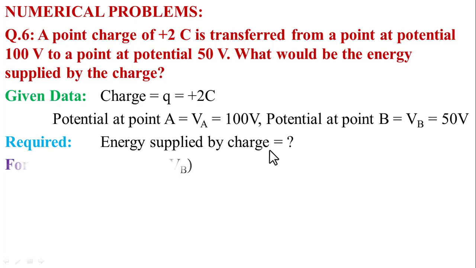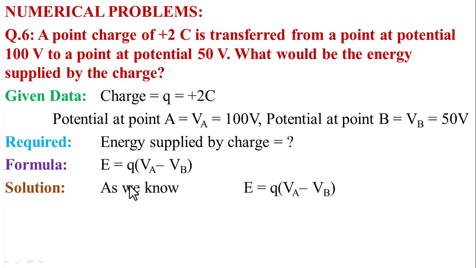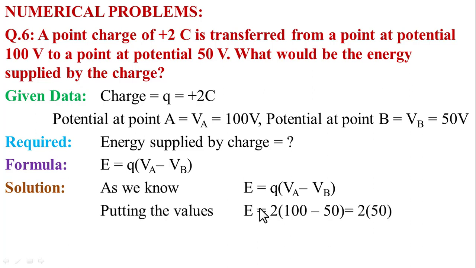Using the formula, energy E is equal to Q into delta V, or we use E is equal to Q into VA minus VB. So finding the solution, as we know that E is equal to Q into VA minus VB, putting the values, E is equal to 2 into 100 minus 50.